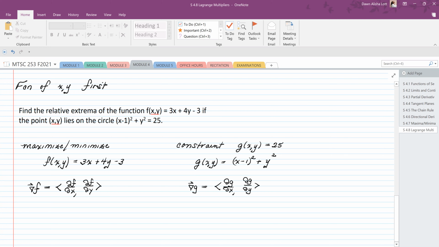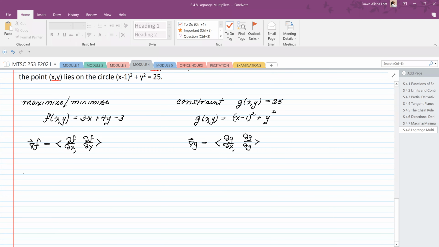So what is f sub x? f sub x is 3 and f sub y is 4. g sub x is equal to 2 times x minus 1, and g sub y is 2y.